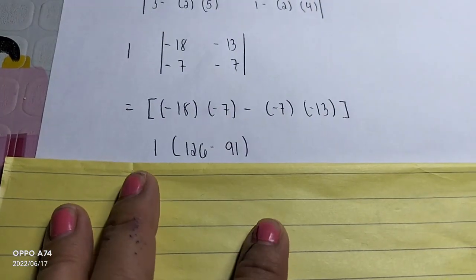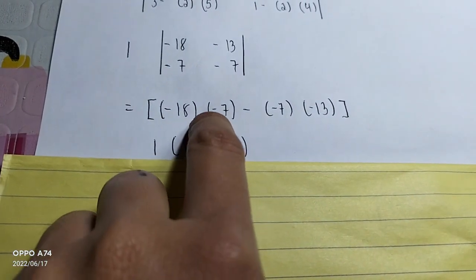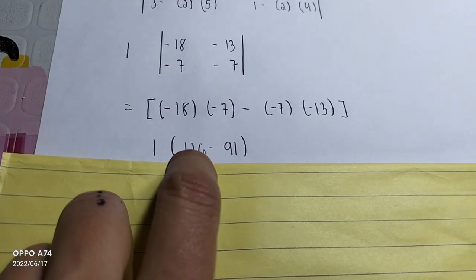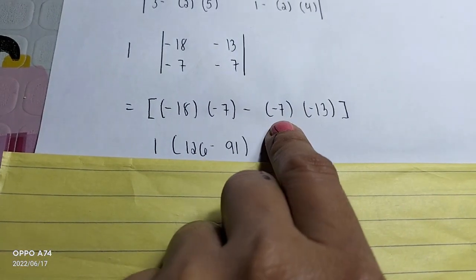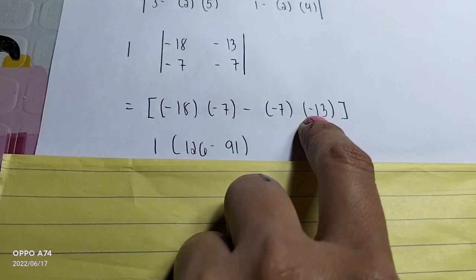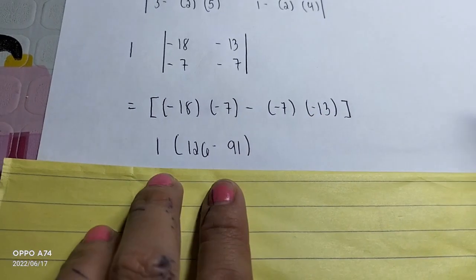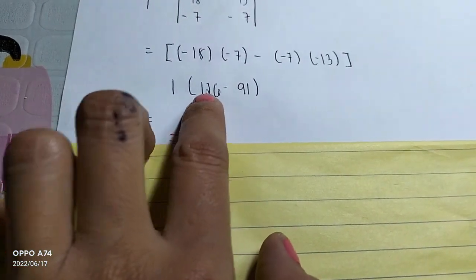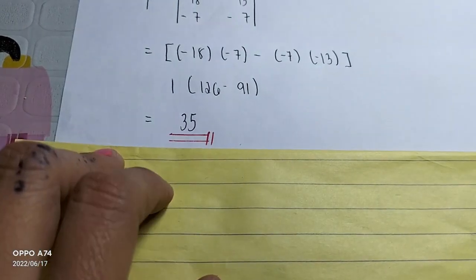So here, what we will do is the quantity of negative 18 times the quantity of negative 7 equals 126, minus the quantity of negative 7 multiplied by the quantity of negative 13 equals 91. And here, 126 minus 91 equals 25.